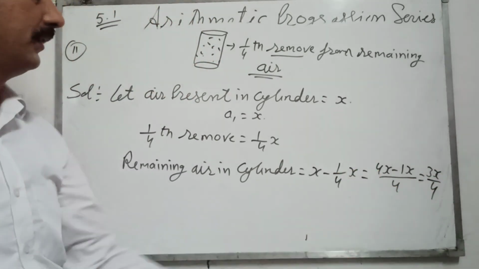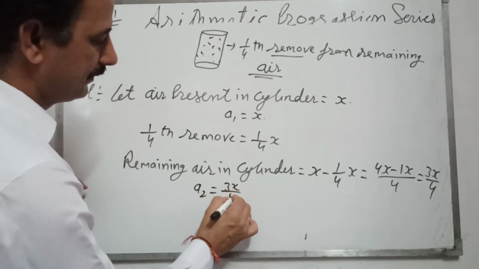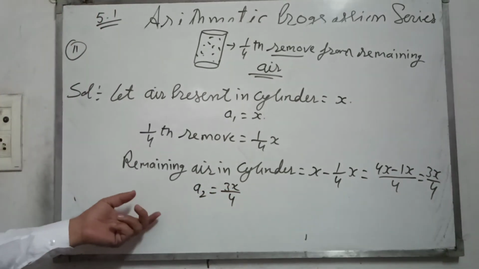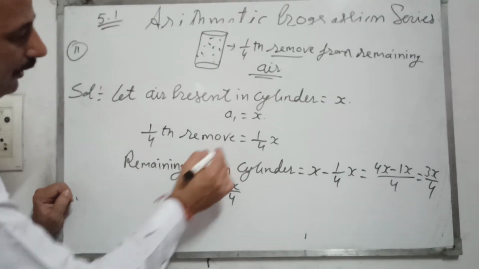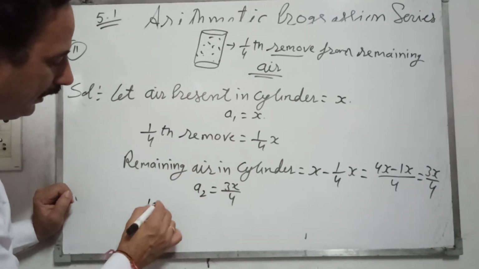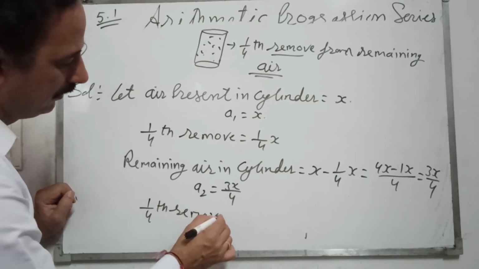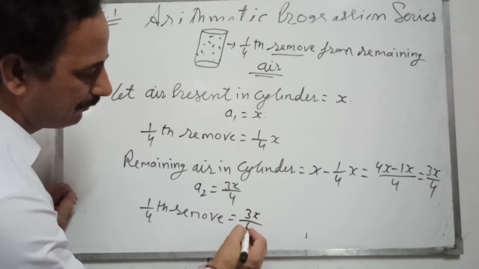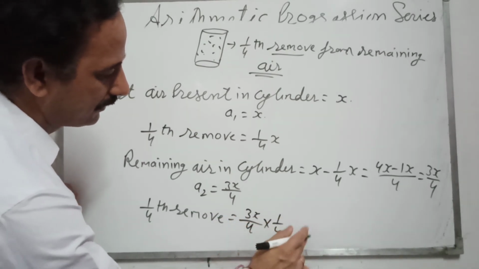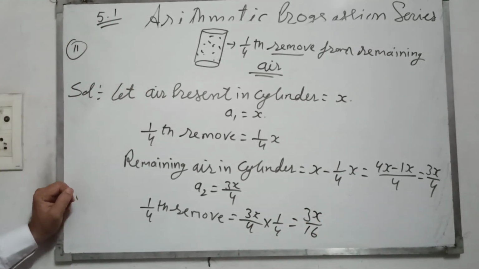That becomes A2. Now again the second time we remove 1/4 of the remaining, that is 3X upon 4 into 1 upon 4. So you get 3X upon 16.